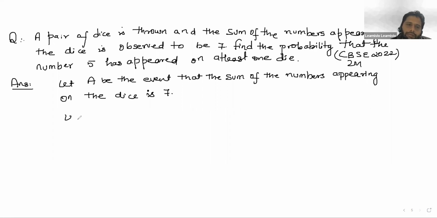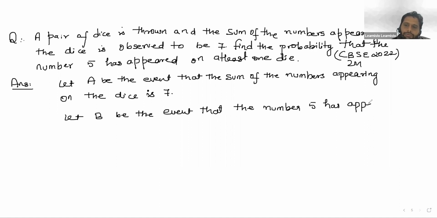Okay, let B be the event that the number 5 has appeared on at least one die.